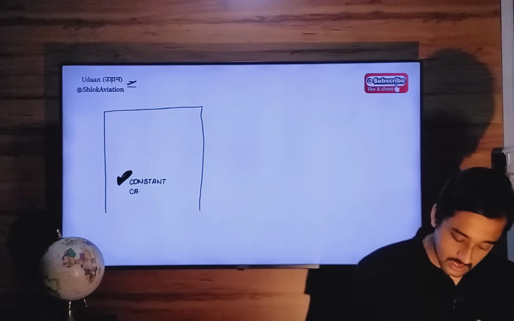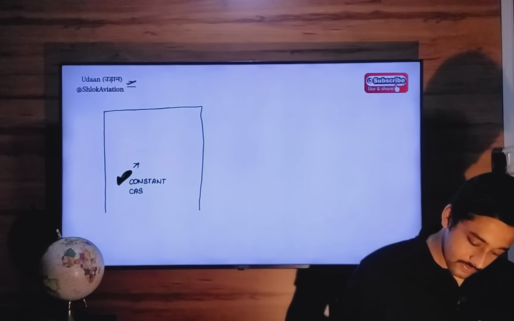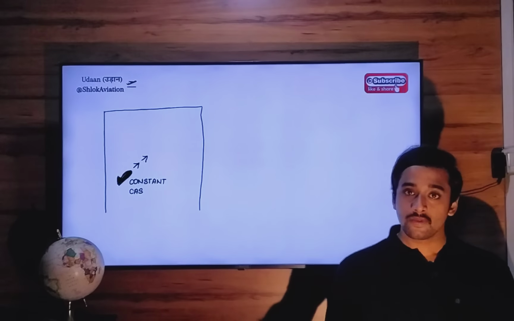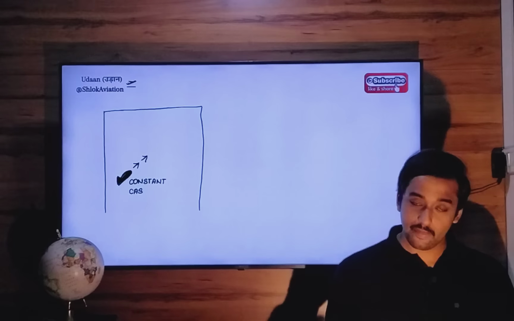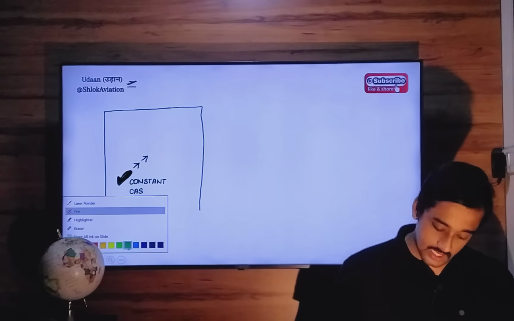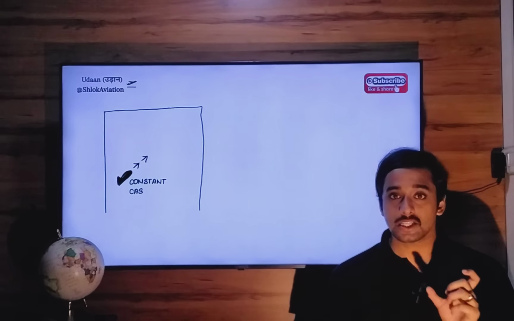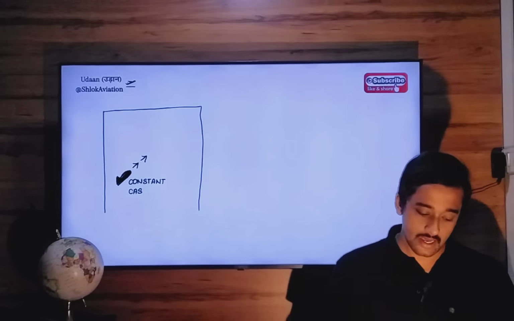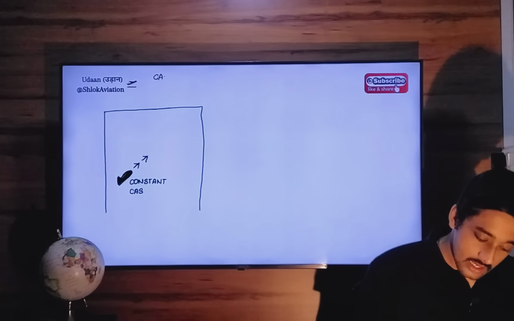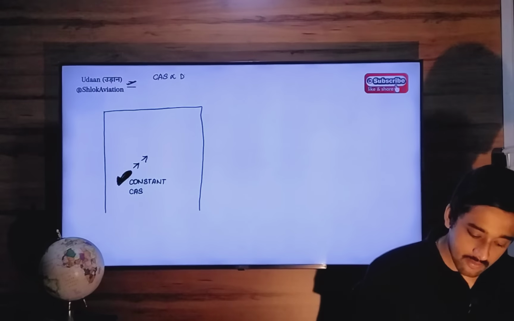Correct? So what will happen to Mach number? Now when you climb at constant calibrated airspeed, the true airspeed of your aircraft, the real airspeed, must increase. Why? Calibrated airspeed is proportional to dynamic pressure.